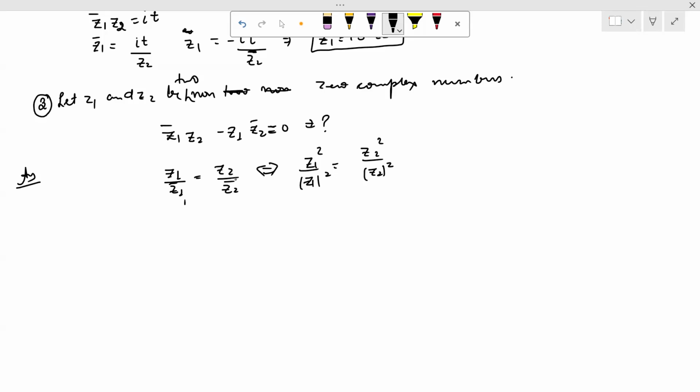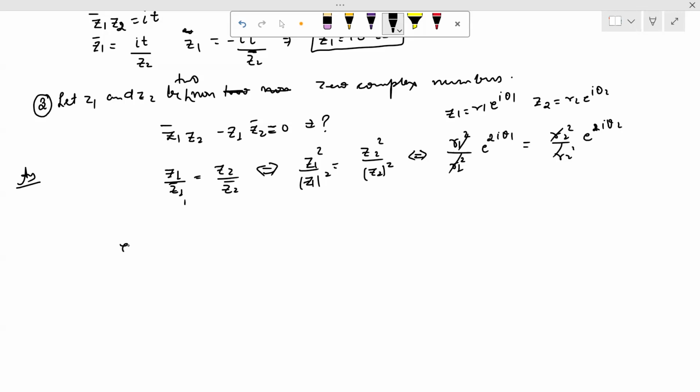Simply I have multiplied by Z2 below and above. And which necessarily implies, if I write Z1 equal to R1 e to the power iota theta 1, and Z2 equal to R2 e to the power iota theta 2, what does it give me? It gives me R1 square divided by R1 square e to the power 2 iota theta 1, equal to R2 square upon R2 square e to the power 2 iota theta 2.